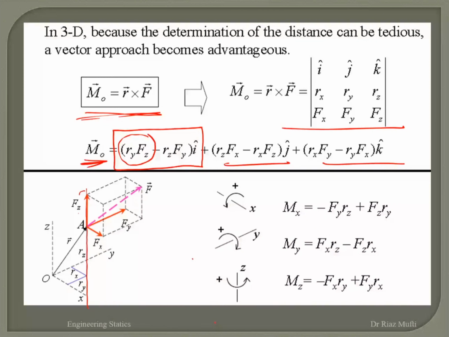And the perpendicular distance from x, this is Ry. So my perpendicular distance would be this. If I look at this part of the diagram, it says that I've got my Ry, which is the perpendicular distance, multiplied by my Fz, this is my Fz vector.